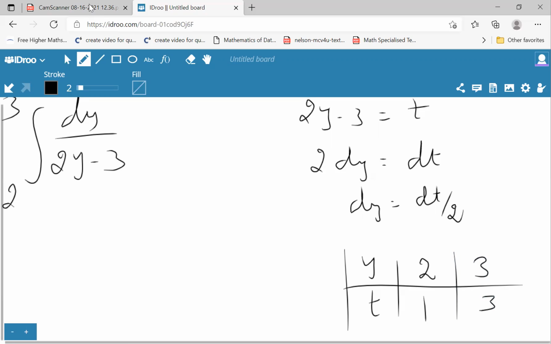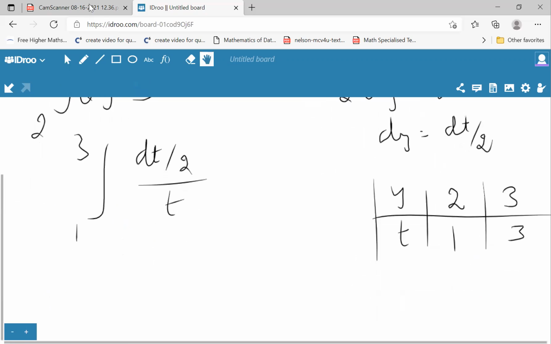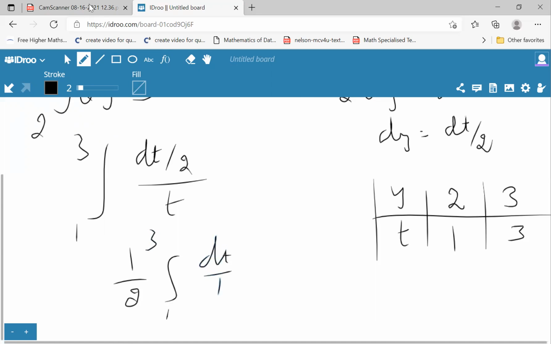So it will be integration of 1 to 3 dt by 2 by t, or you can take this half outside, half integration of 1 to 3 dt by t, which is nothing but half log t between the limits 1 to 3.